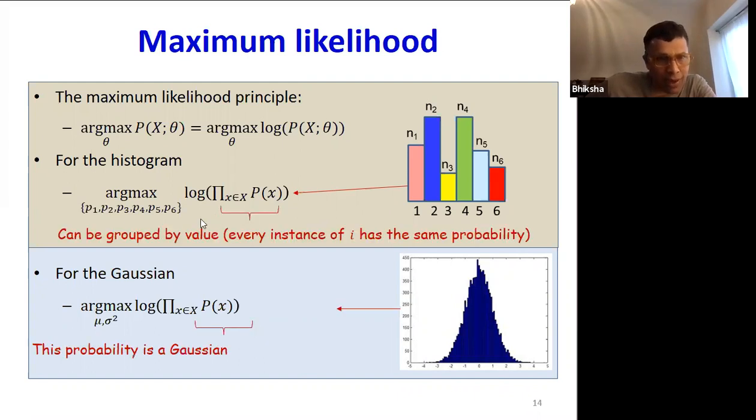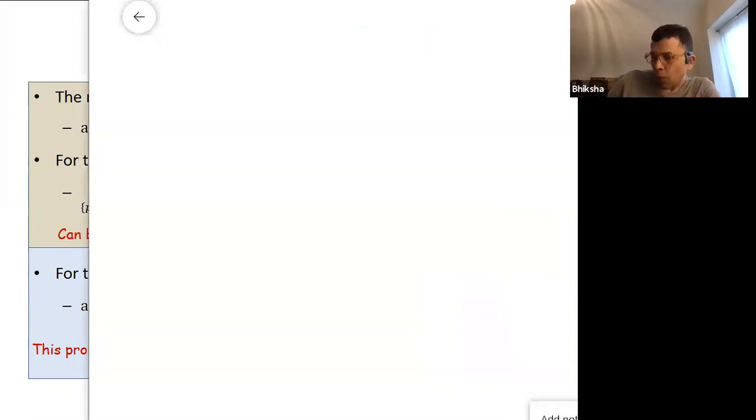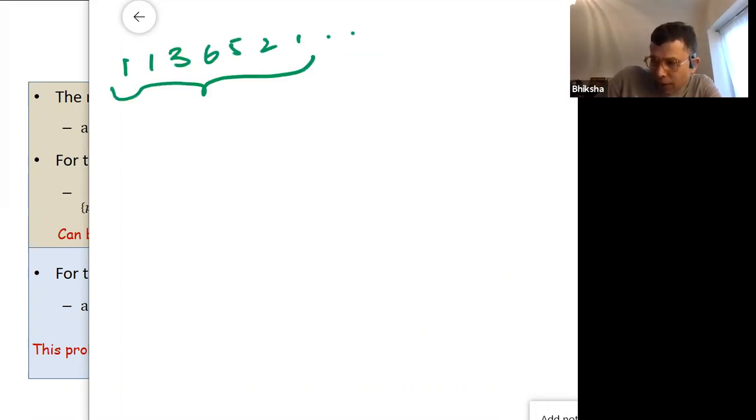And now, for the Gaussian, p of x, the probability of any given observation is a Gaussian. In the case of a multinomial distribution, if I've got, say, outcomes 1, I rolled the dice, I got 1, 1, 3, 6, 5, 2, 1, and so on, then the product of the set of outcomes is p of 1 times p of 1 times p of 3 times p of 6, and so on.